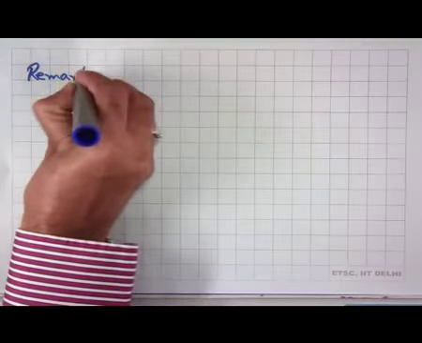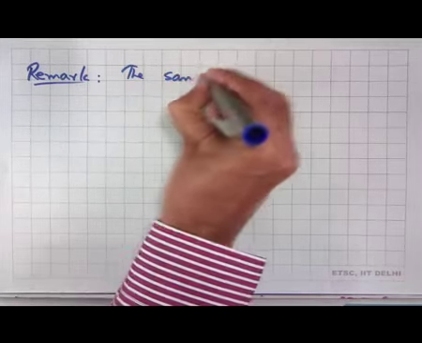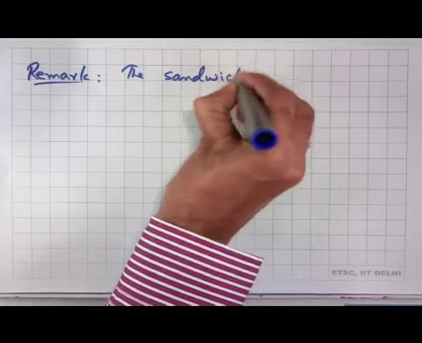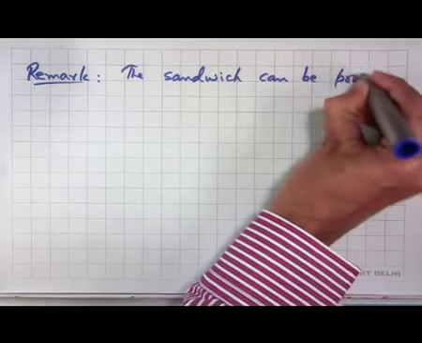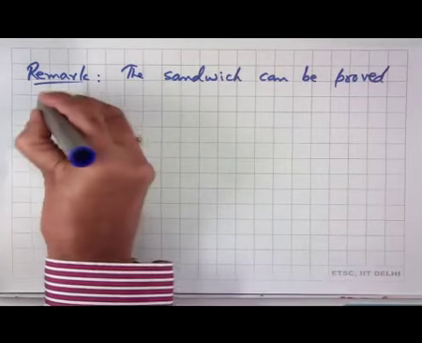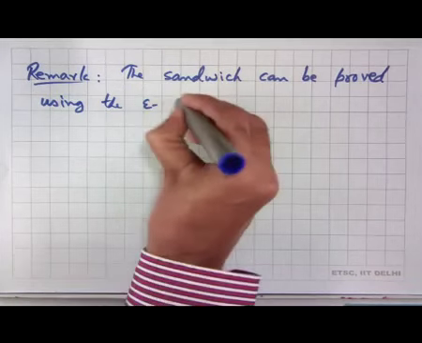So, a remark: the sandwich theorem can be proved using the epsilon delta definition.